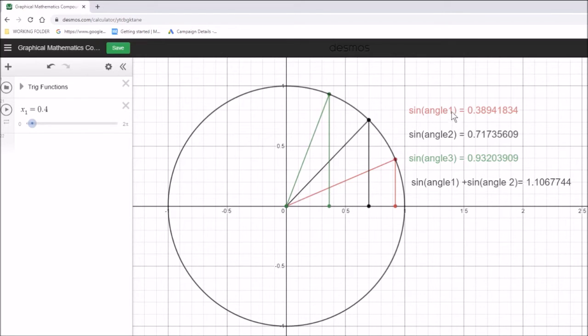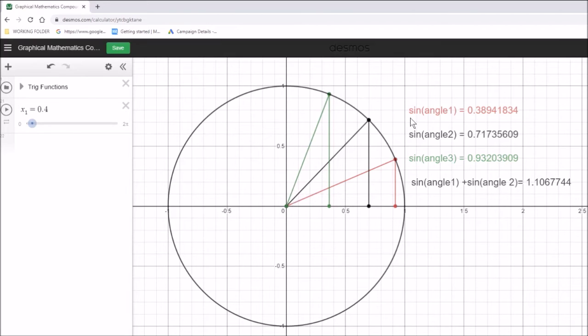The black one makes an angle which is angle 2, and the green one makes an angle which is angle 3. But we've set it up here so that angle 3 is equal to angle 2 plus angle 1. So when we add the red angle and the black angle, we get the green angle.